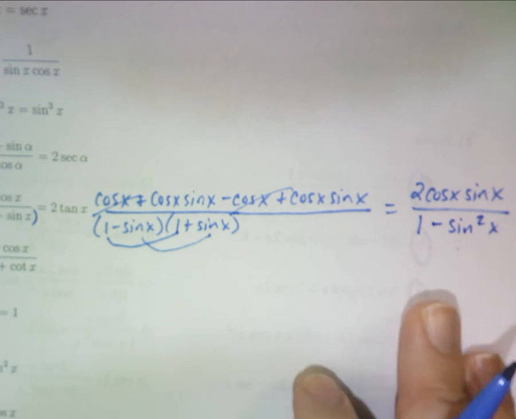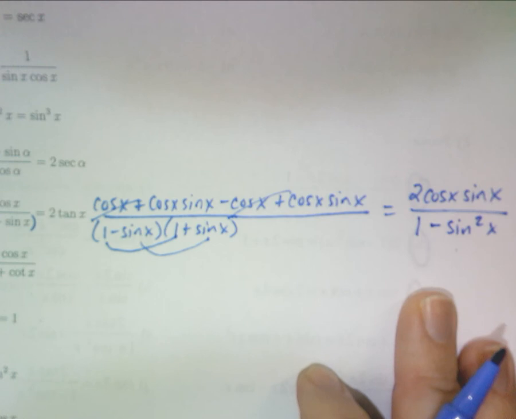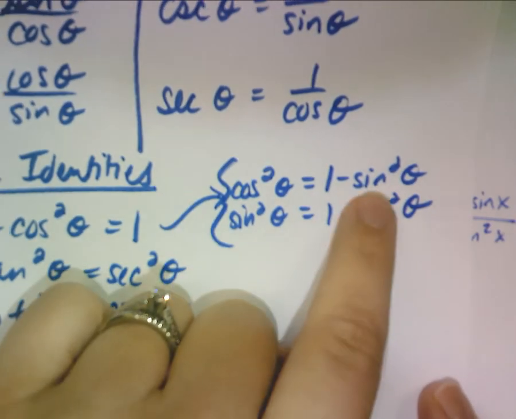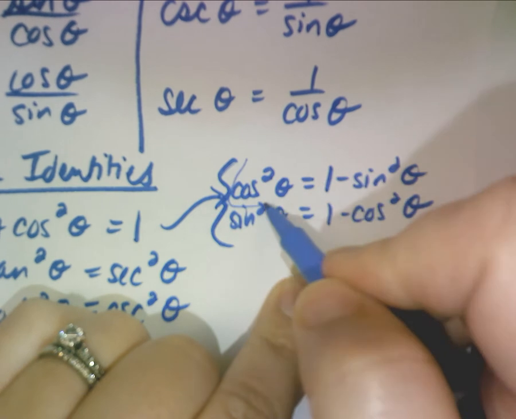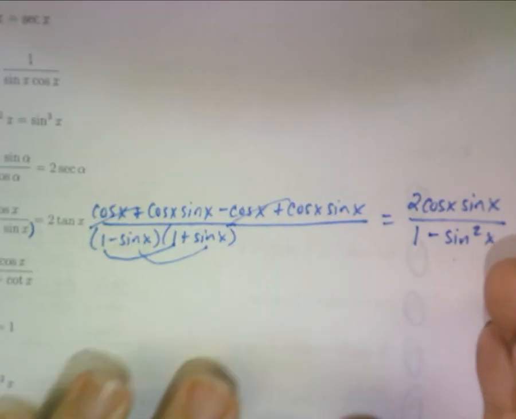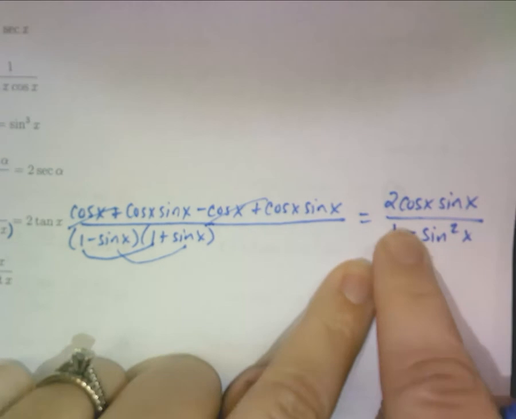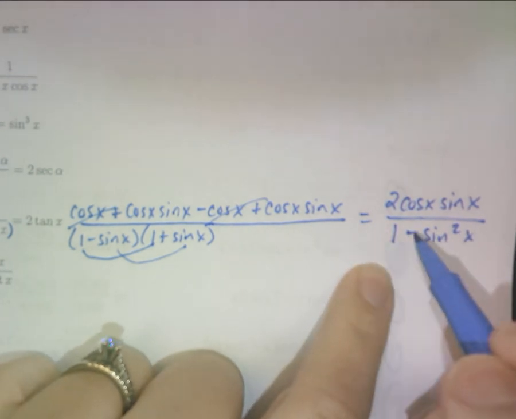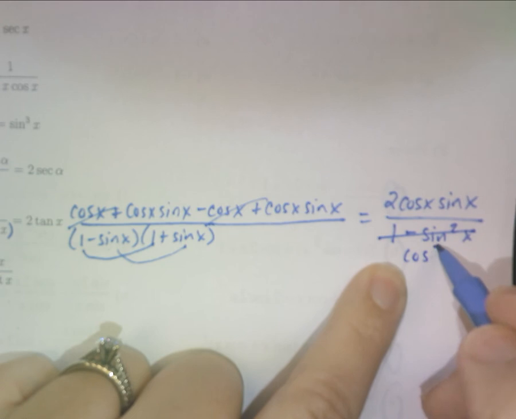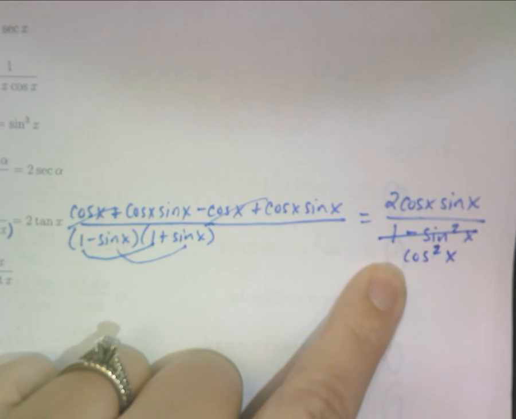Now let's look back at your little trig identity. Do we see anything? Oh, so this denominator, you can essentially replace it with cosine squared x, because that's what it's equivalent to.